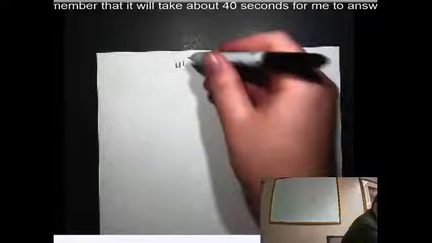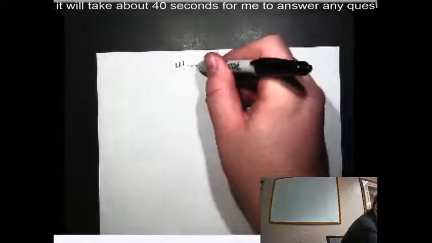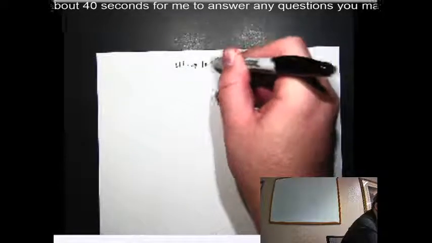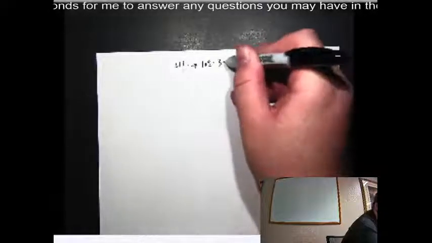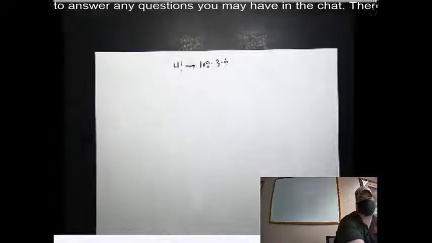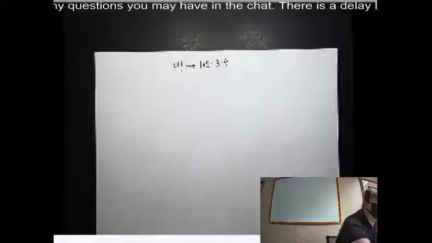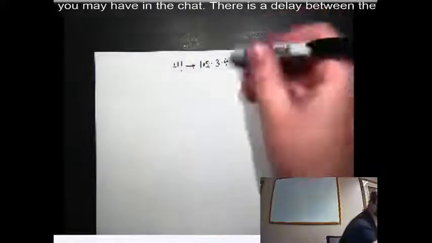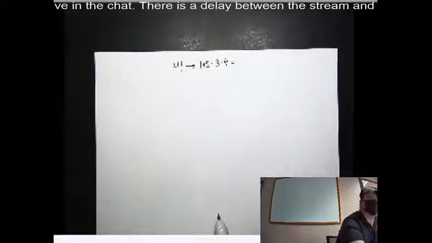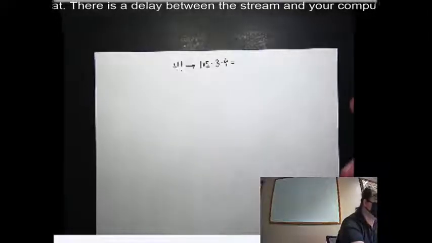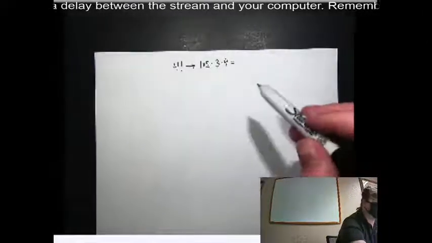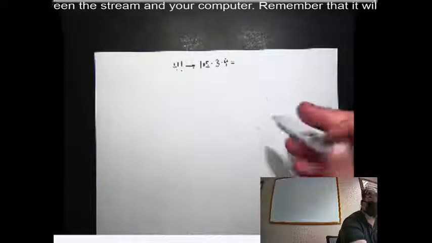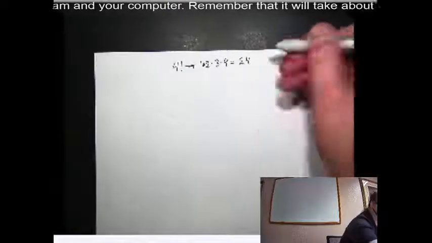And what this means you need to do with it is multiply 1 times 2 times 3 times 4. Okay, so 1 times 2 times 3 times 4 is, anybody know? 24.